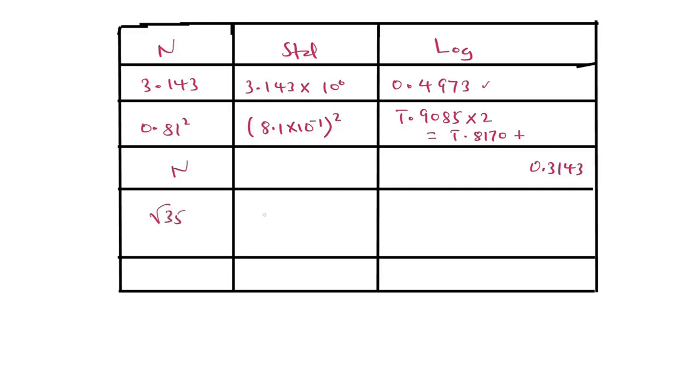Okay, so now for the denominator, we are going to take this under root 35, and then writing this in standard form, we are going to have 3.5 times 10 power 1, all to the power half. Okay, so to find its logarithm, we are going to read log 3.5 and we are going to add 1 from 10 power 1 using the addition rule.